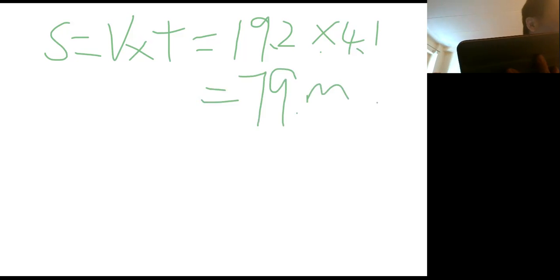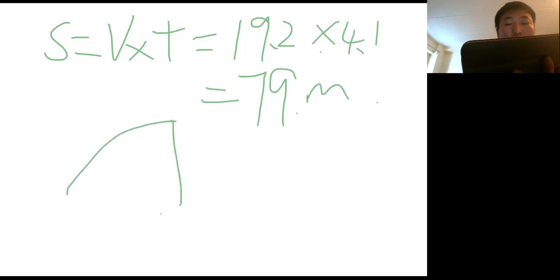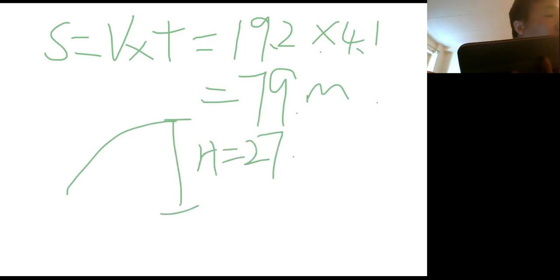The third question is what is the ball's maximum height above the ground, which is this height, H equals 27. And the fourth question is how long it takes the ball to reach the maximum height, which is T1 equal to 2.34.